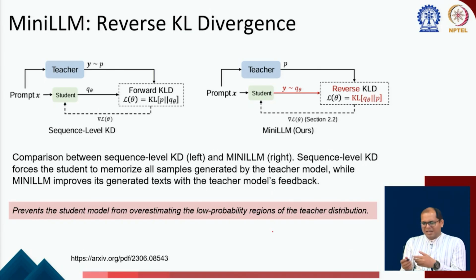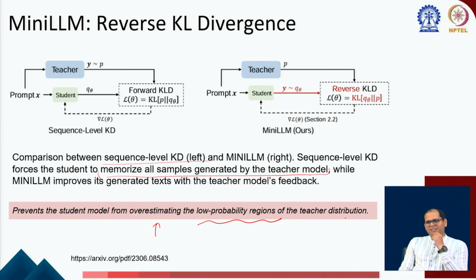So it will start memorizing the samples generated by the teacher model, but it does not learn what not to generate. Some sequences that have very low probability under the teacher model, it has never seen, and it may overestimate the probabilities for those, because it has been trained only to maximize the probability of certain sequences. So it will start overestimating even the low probability regions of the teacher distribution.